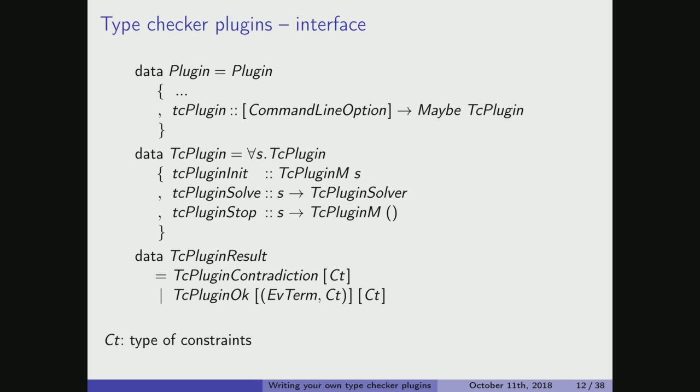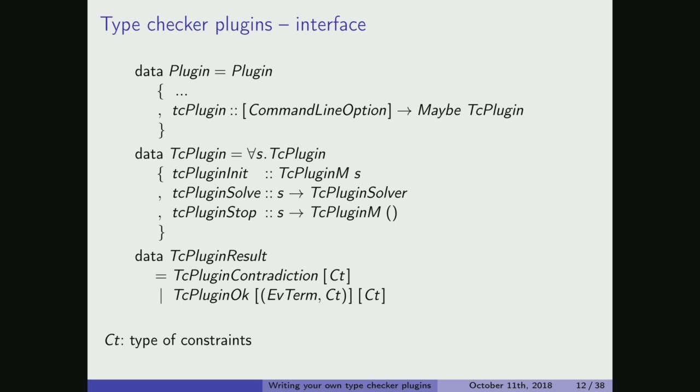So that's where we can keep any piece of data that we need whilst we are solving our constraints. So this init function here, tcPluginInit, that runs the TcPluginM action that gives us back the initial context.